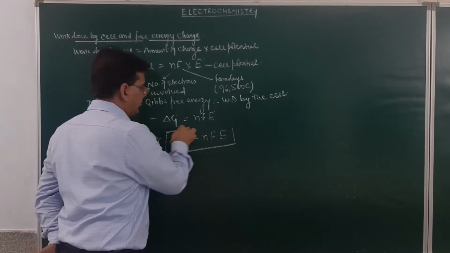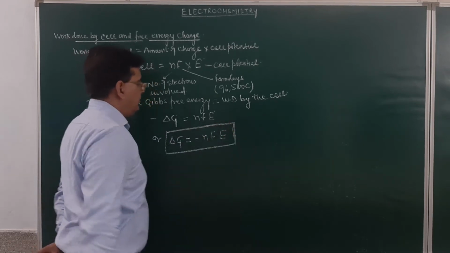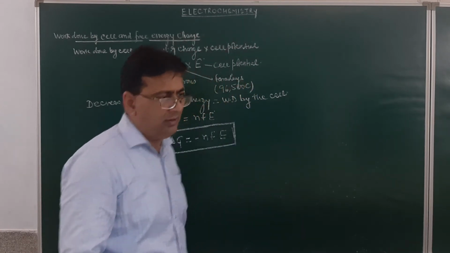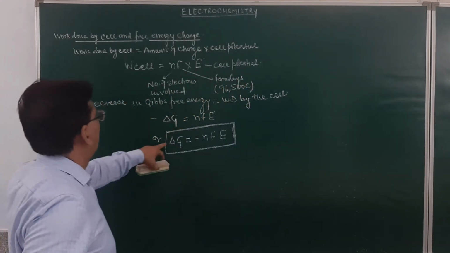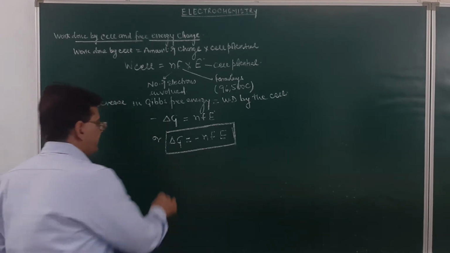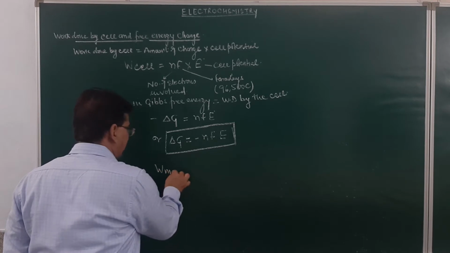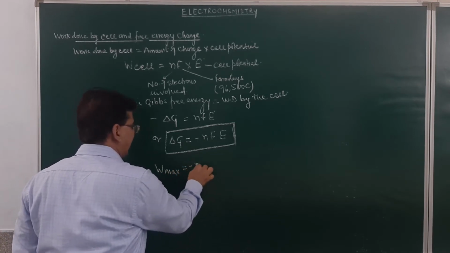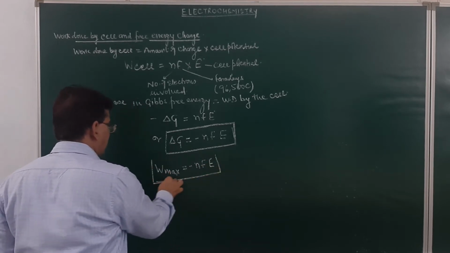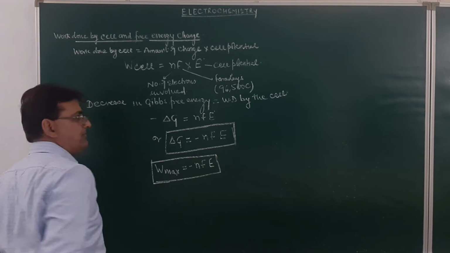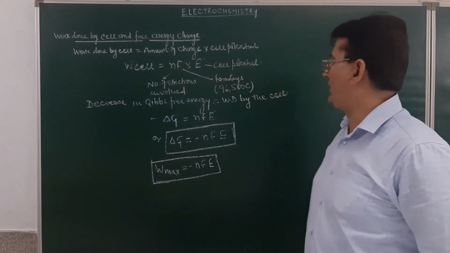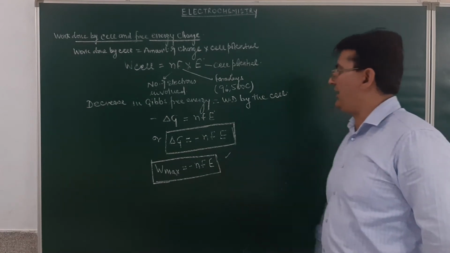Remember this formula, students, for determination of the work done by the cell. And this delta G was equal to the work done by the cell. So, we may write it up, maximum work done by the cell will be equal to minus N into F into E of the cell. You must know these formulas to calculate the maximum work done by the cell.